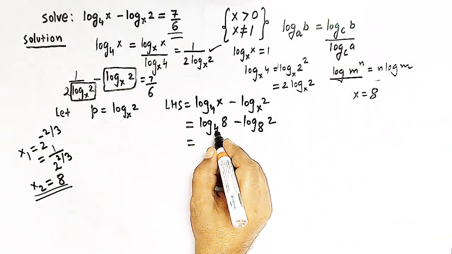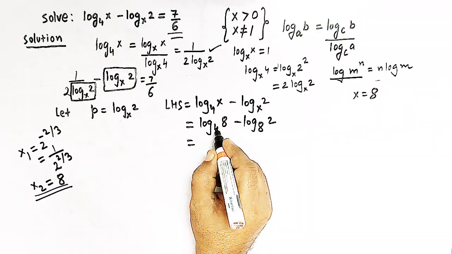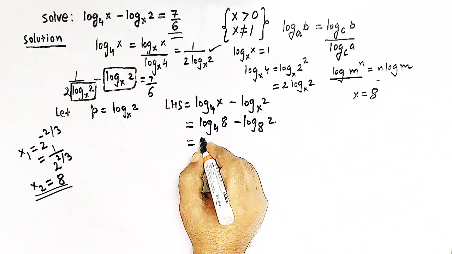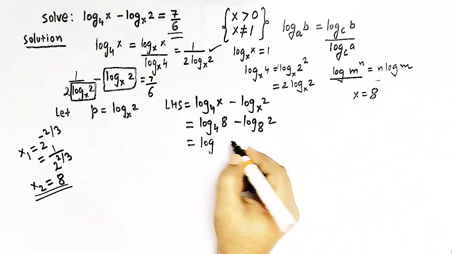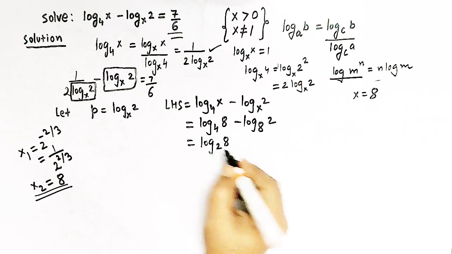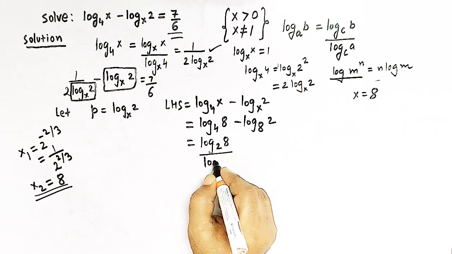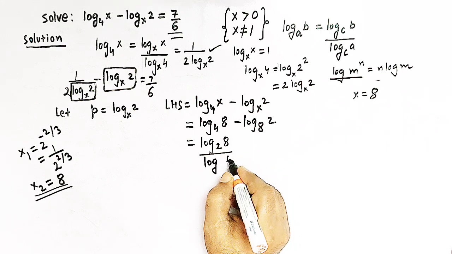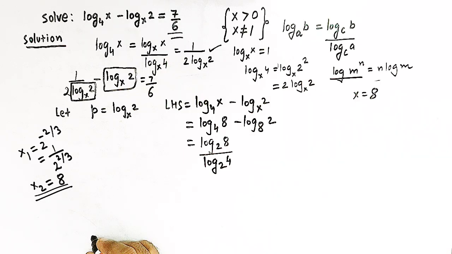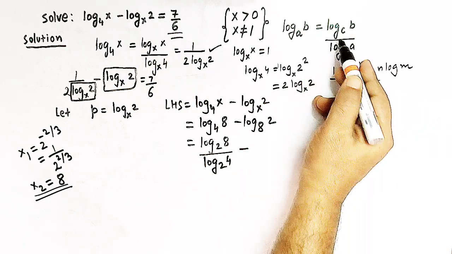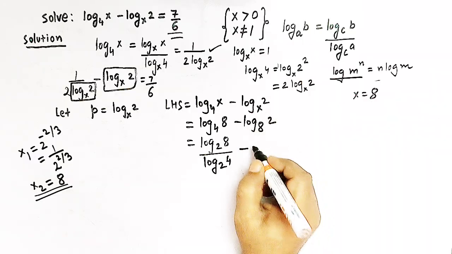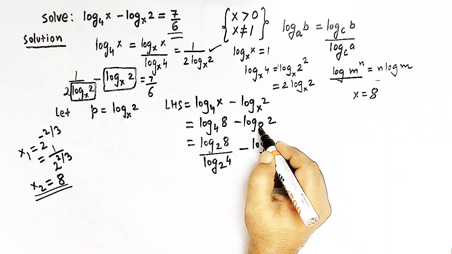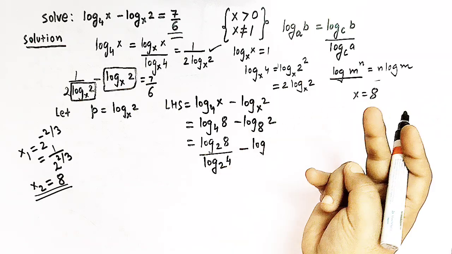So here let us change the base from 4 to 2, right? So we have now log 8 to the base 2 divided by log of 4 to the base 2 using this result, right? And similarly using this result over here, let us change the base from 8 to 2.